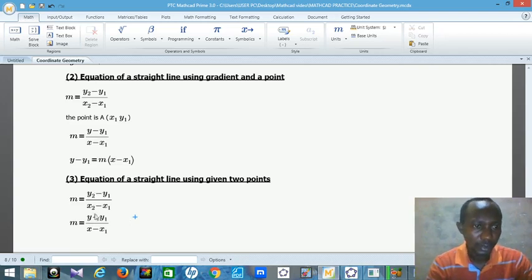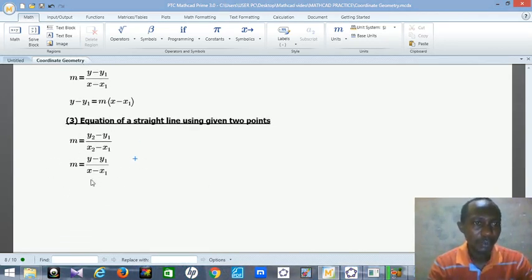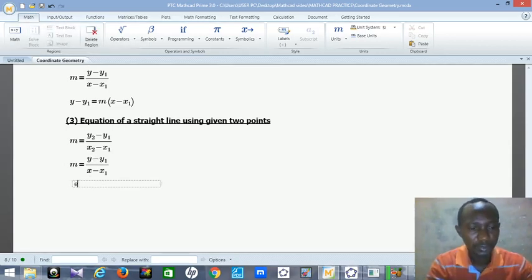Therefore, both of them are equal. So that will give us the final equation of the line that we need.